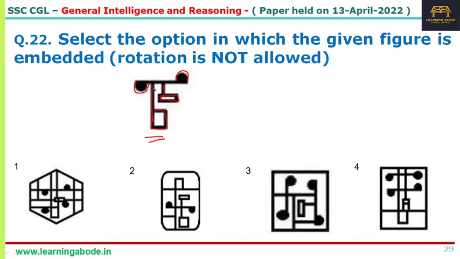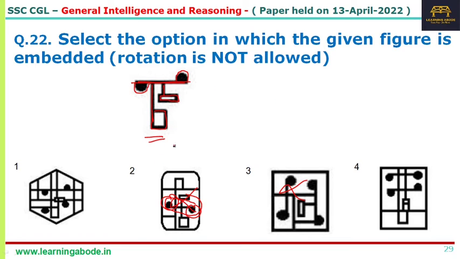In the second image, this is above and this is below, it's kind of reversed. So the second is not correct, and this again is not correct, because it's up and down, it is not in a straight line like this.